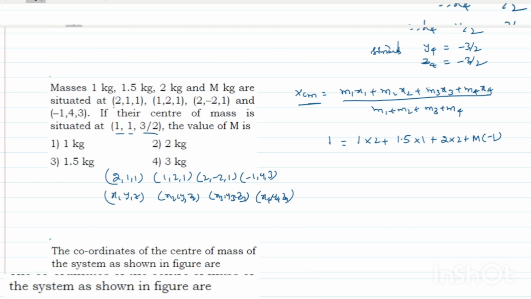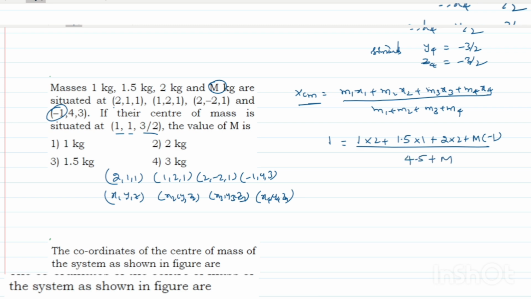The x4 value is minus 1 as given, and the final mass will be m. Divide by total mass, m1 plus m2 plus m3, so 1.5 plus 1 plus 2 is 4.5, plus the next mass m.